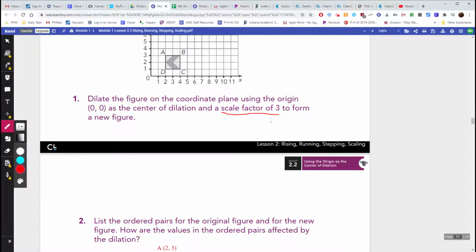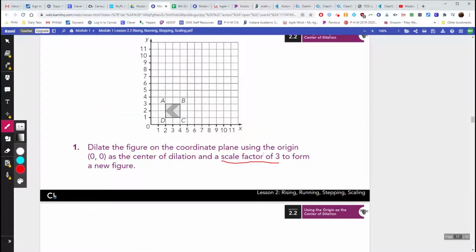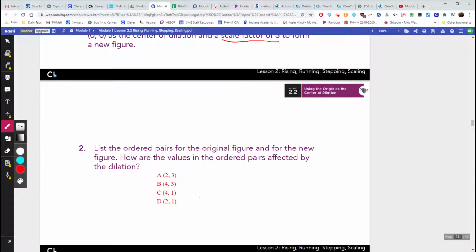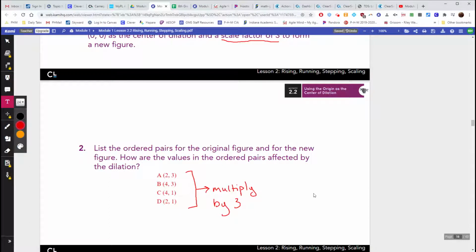So a scale factor of 3 means that whatever these coordinates are, we're going to multiply them by 3. We'll multiply all of these by the scale factor, 3, and that's going to give us the coordinates of the new dilated image.